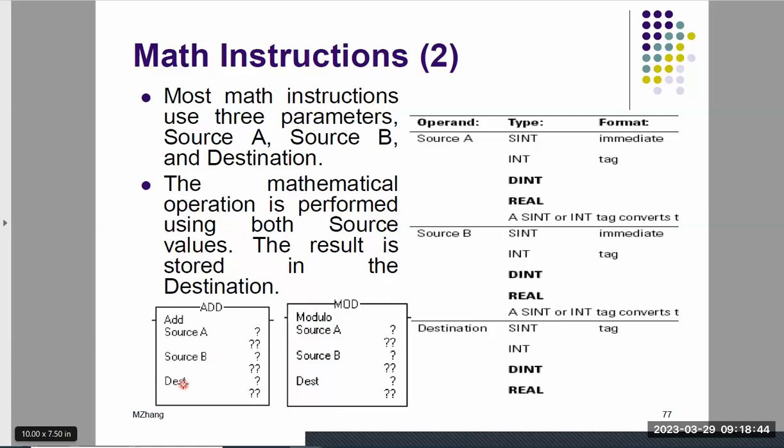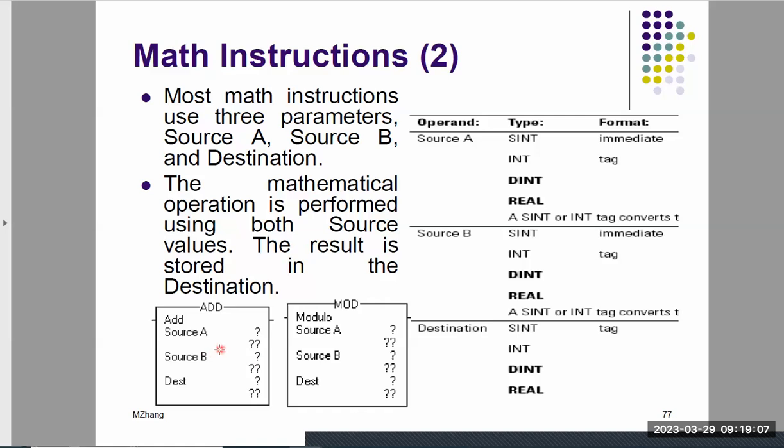So what we need to do is choose the instruction. If you choose ADD, it will be A plus B and send the result to the destination. Very simple, right? But with the other math operations, the A and B position matters. With addition, it doesn't matter.